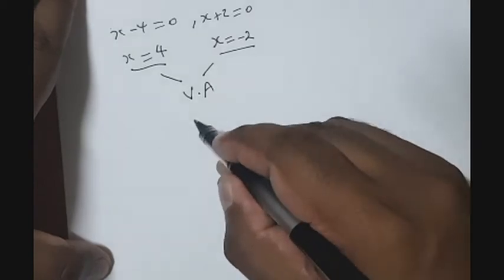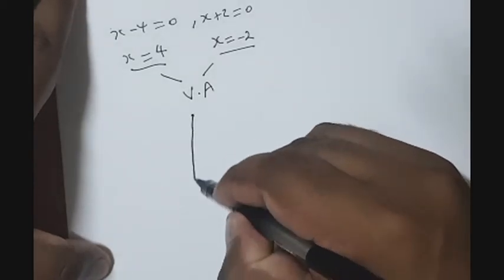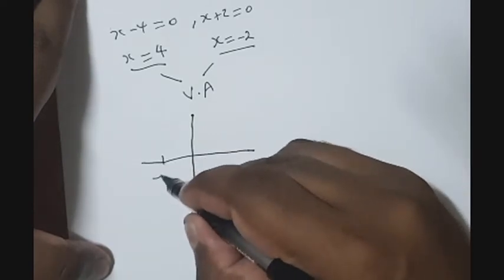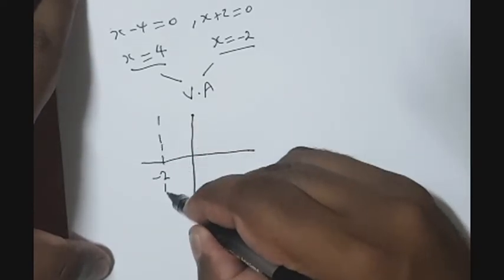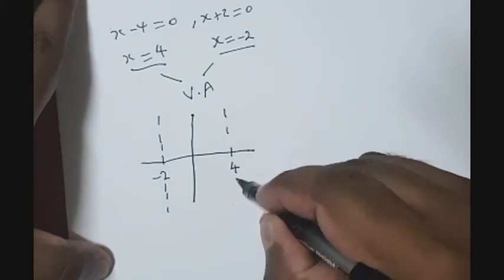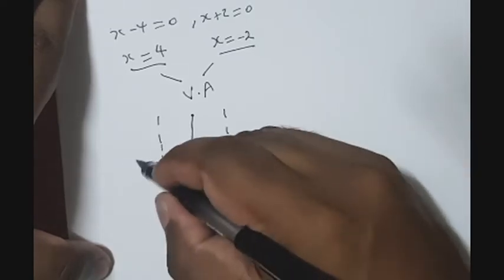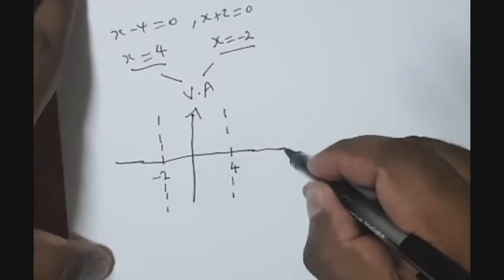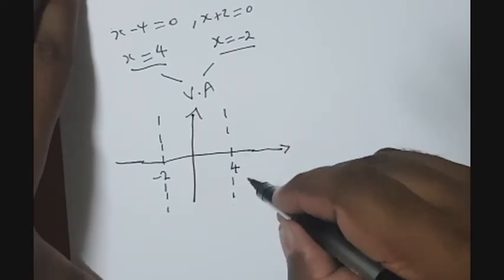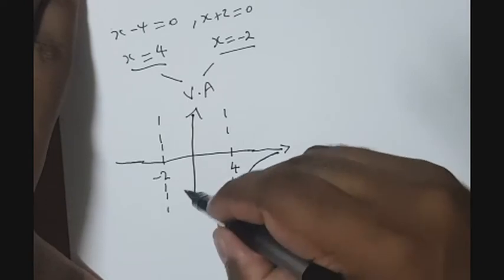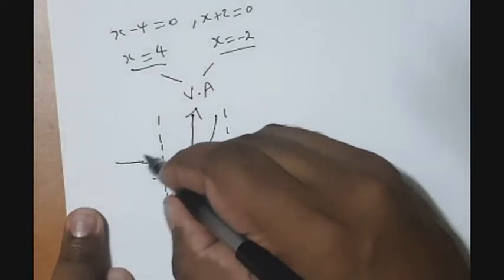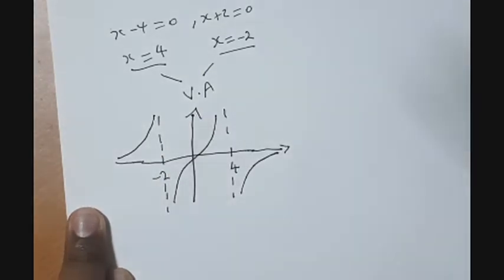If you make a sketch of this, so you have your x's here, at −2 you have your vertical asymptote there, and at 4 you also have your vertical asymptote there. If you make a sketch of your graph, it would have that shape, that shape, and then that shape.